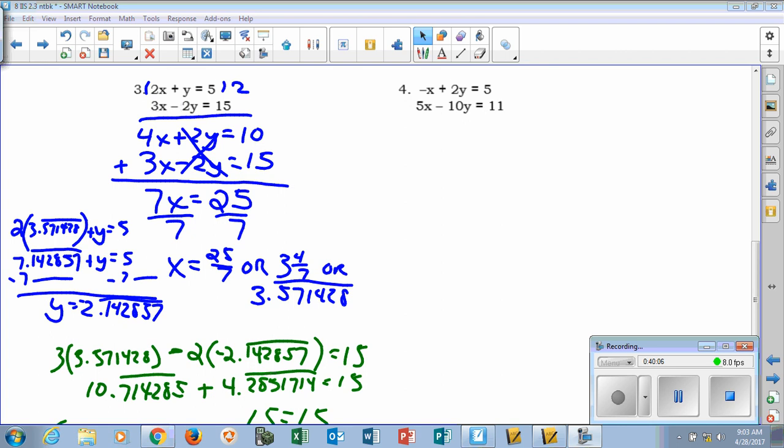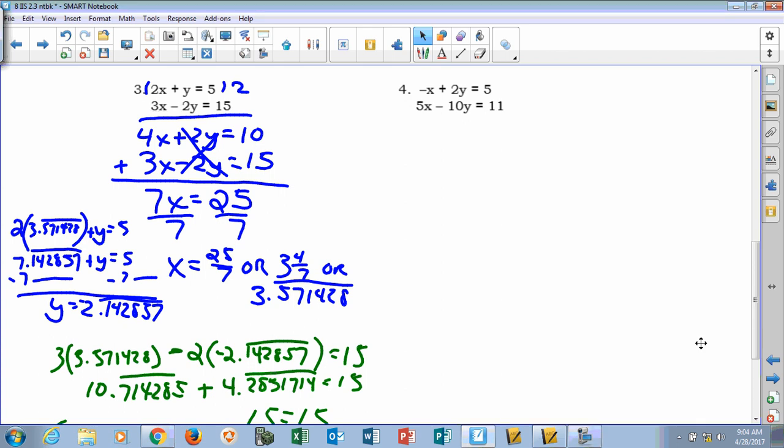Okay, so we are going to finish up the last problem here. All right. So there's two ways we can do this for number 4. You could eliminate x or you could eliminate y. So we're going to multiply by 5 because something special is going to happen here.